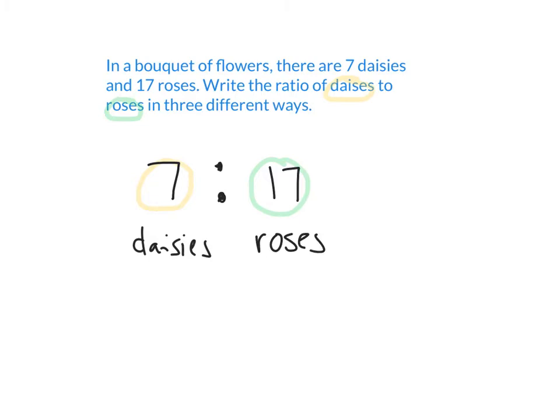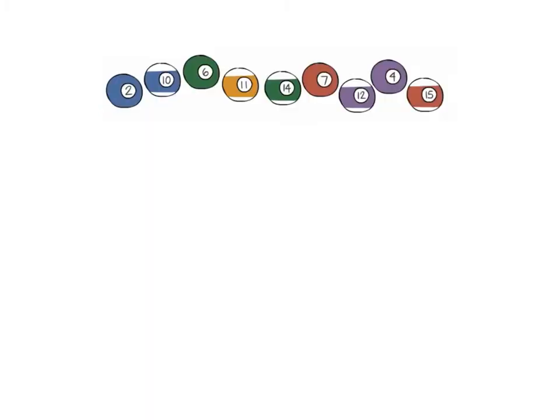So I can write my ratio as 7 daisies to 17 roses. I can also write that with a word, so I can say 7 daisies to 17 roses. Or I can write it as a fraction, and I can say 7 daisies to 17 roses. Notice in each of the ways I wrote them, I have daisies first, and daisies are in my numerator, and daisies come first in the word problem.